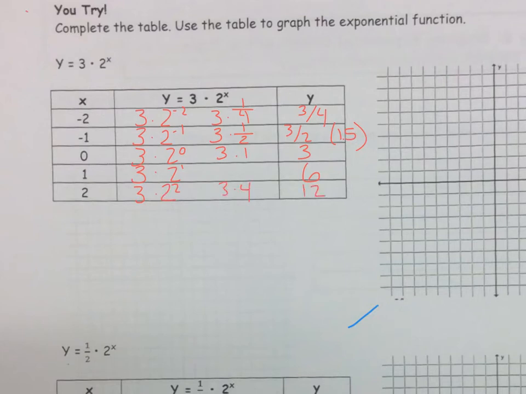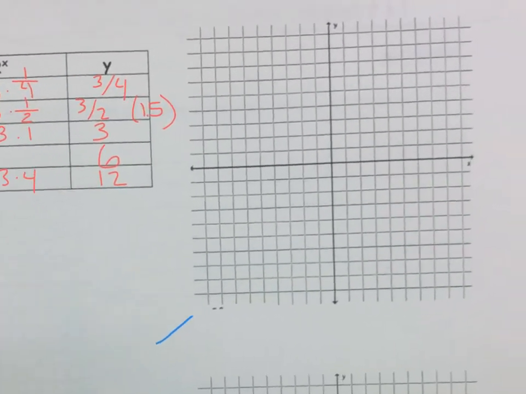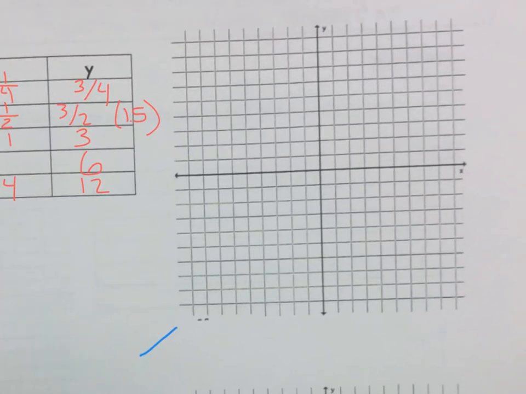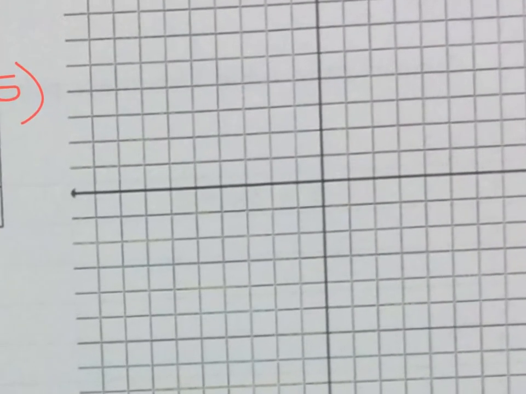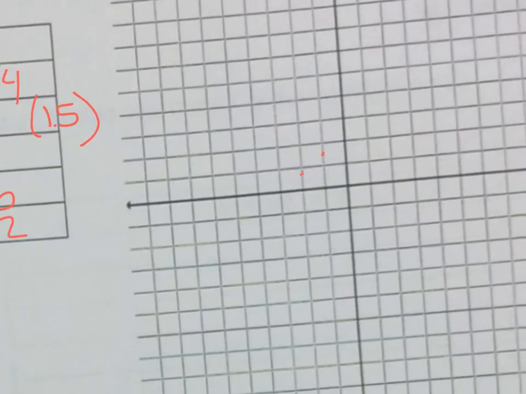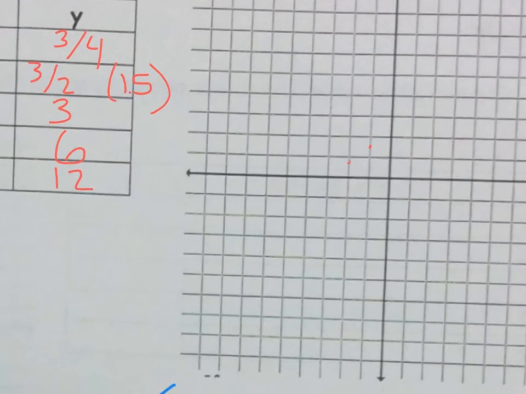So again, I'm going to come over to my graph, and I'm going to put those points on there. Negative 2, 3/4. I'm going to have to zoom in. 3/4 is going to be right here. Remember it was negative 1, 1.5. 0 was 3. And then 6: 3, 4, 5, 6.